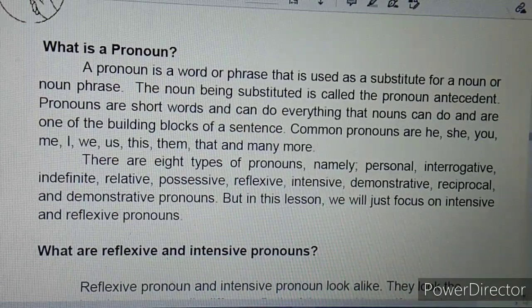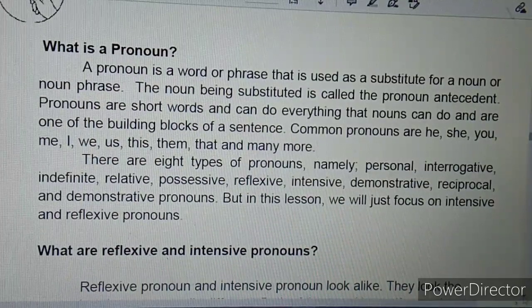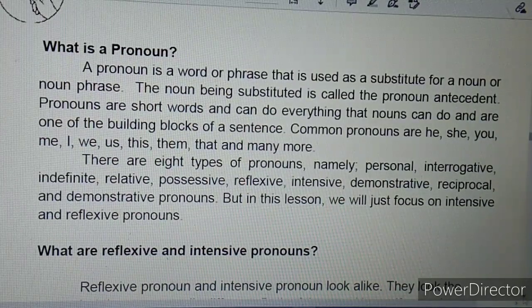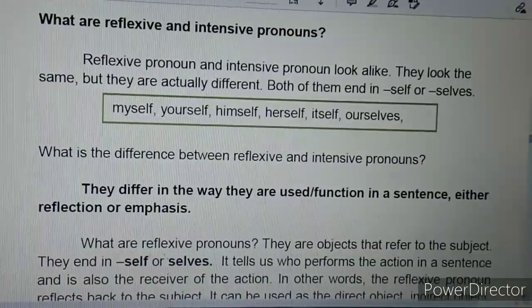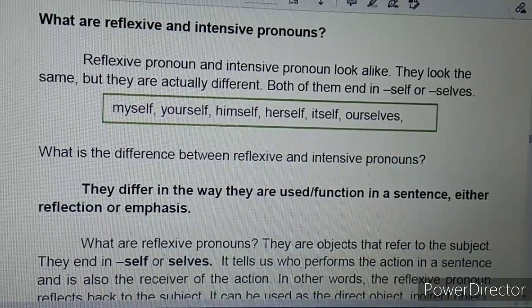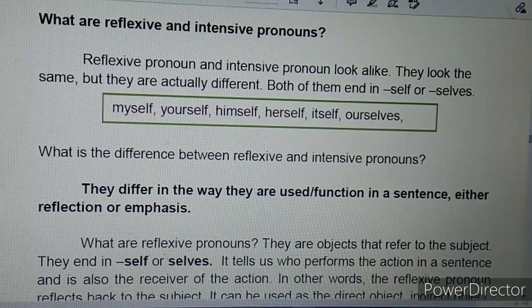There are types of pronouns, namely personal, interrogative, indefinite, relative, possessive, reflexive, intensive, demonstrative, and reciprocal pronouns. But in this lesson, we will just focus on intensive and reflexive pronouns. So what are reflexive and intensive pronouns?